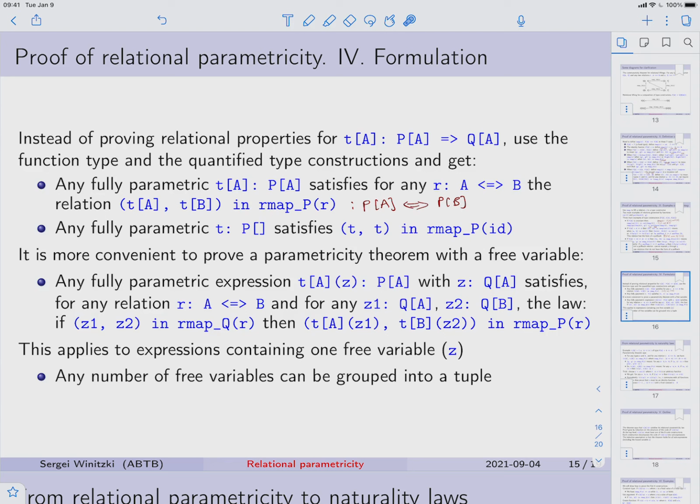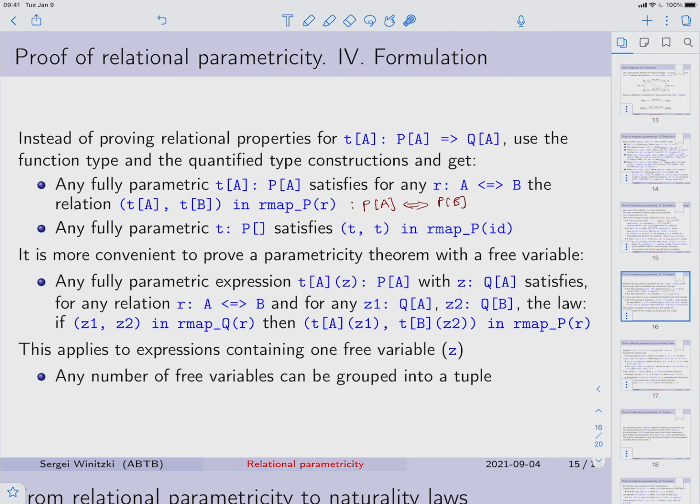For example, this function will have an argument, and this will be an expression containing that argument as a free variable. But we need an inductive assumption for this sub-expression, which will be inconvenient to have if we don't formulate the parametricity for such expressions with free variables. So that's why we go to a formulation which I'm going to show here.